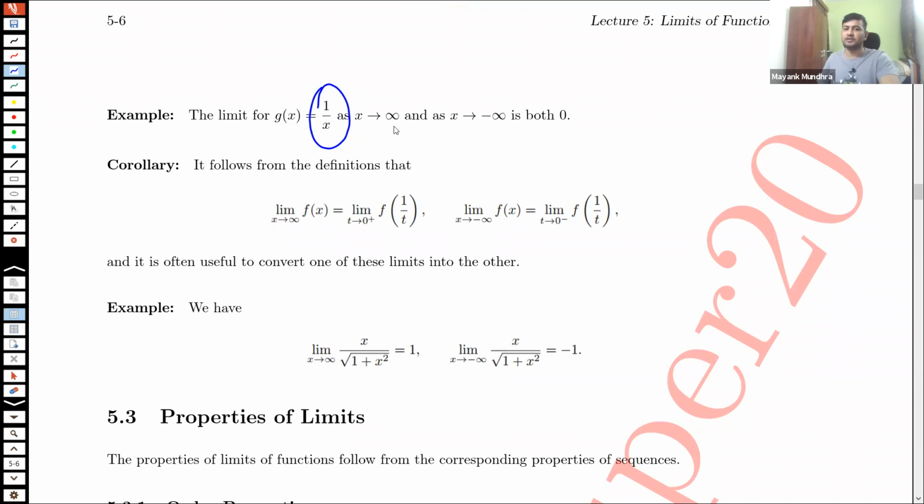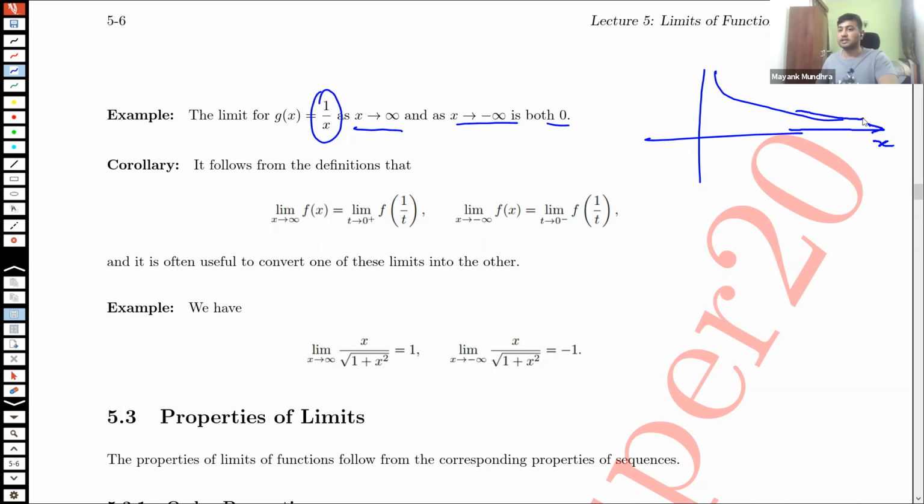As x tends to infinity or negative infinity, the functional value becomes 0. So this is f of x. As x tends to positive infinity, this becomes 0. At the same time, as x becomes negative infinity, this becomes 0. Okay.